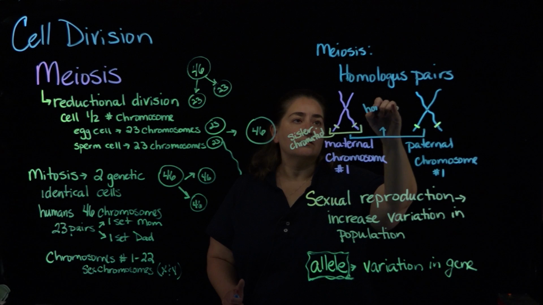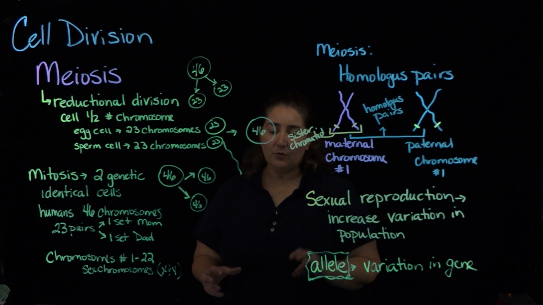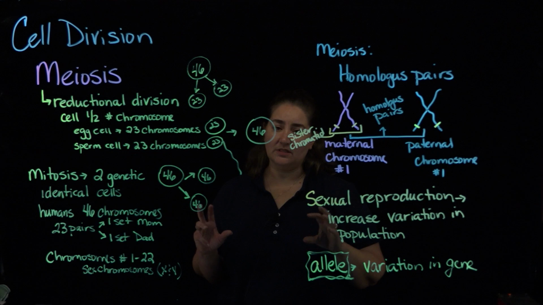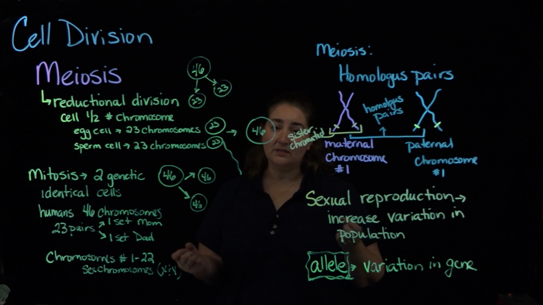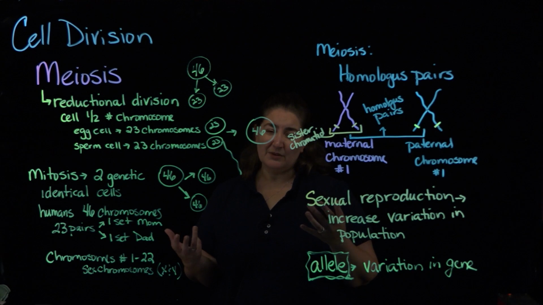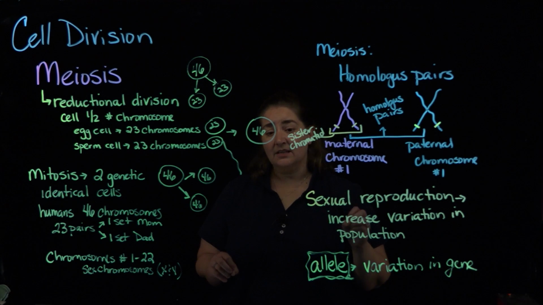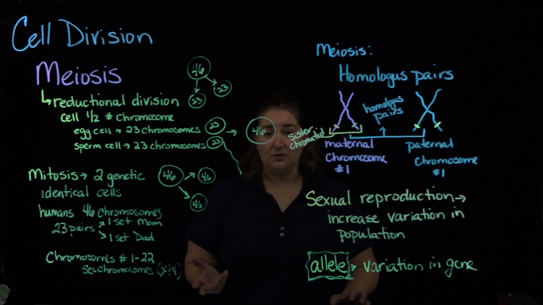These would be our homologous pairs. All right, so I'll talk a little bit more about meiosis here in general because I've kind of run out of board space. I want to talk to you about what the difference is between haploid and diploid. So that'll be in the next video, so that one might be a little bit short, and then we'll get into the details of the steps of meiosis.